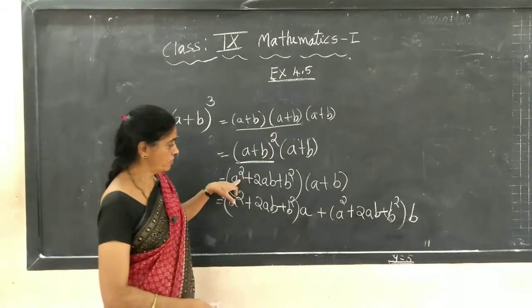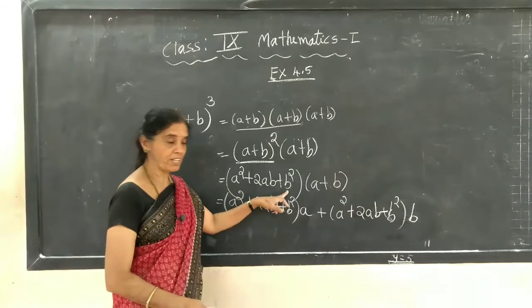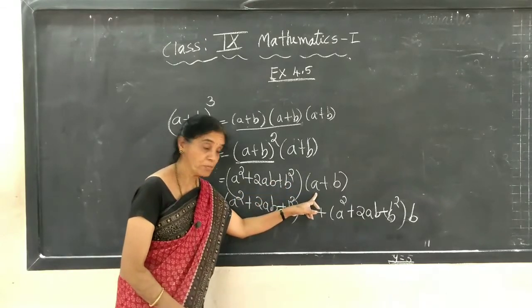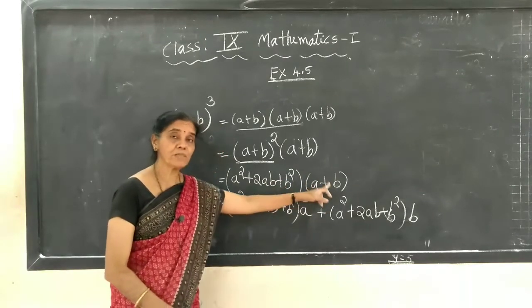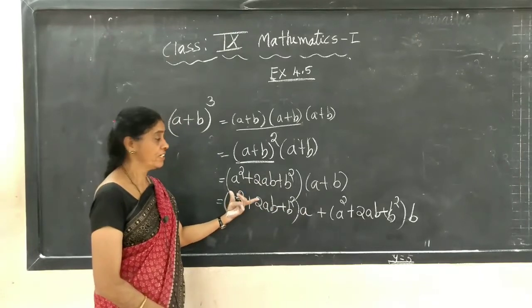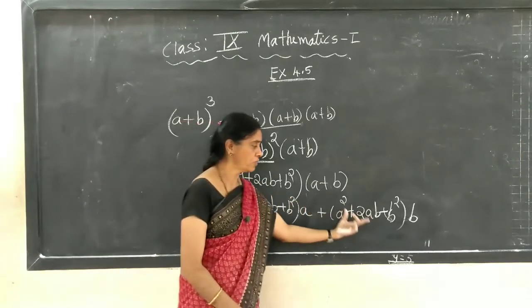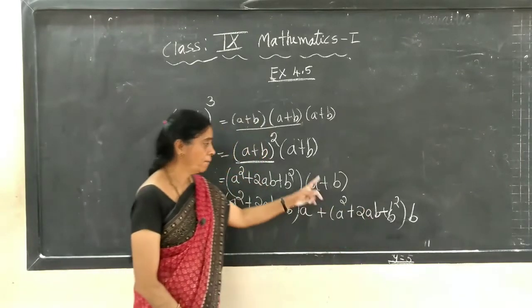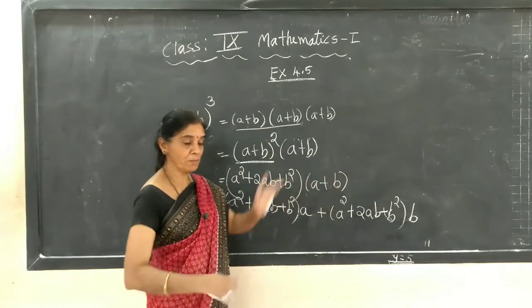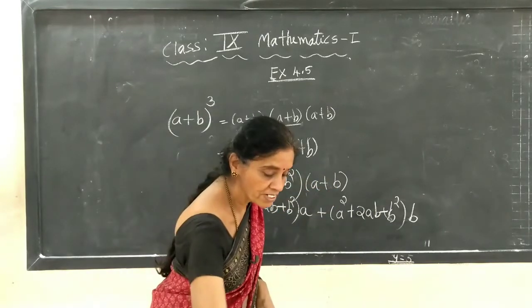This a square plus 2ab plus b square multiply by a, because it is a binomial, both the terms you have to multiply. Then the same a square plus 2ab plus b square trinomial multiply by b. So we will multiply that and see what we will get.